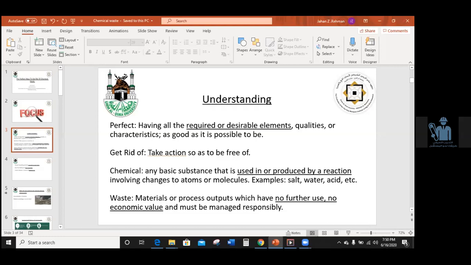This is a waste for me, but it is not a waste for the person who wants to build another building, or for a person who wants to fill a ditch or part of the land. So if the thing loses all its functions and all economical values, then it is supposed to be a waste.